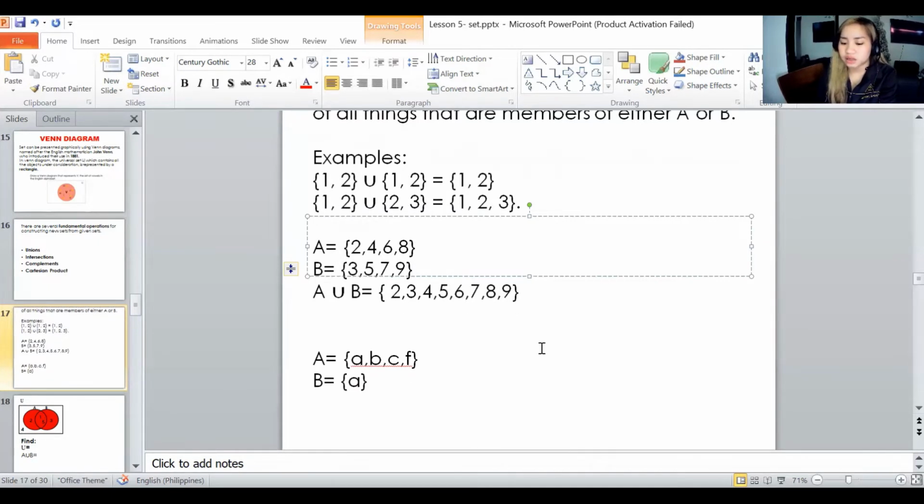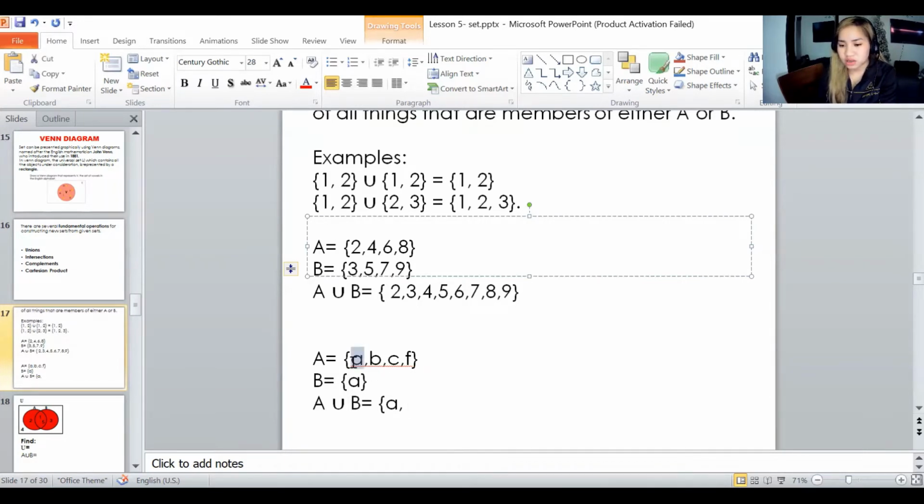So, hanapin natin yung A union B. Pag pinagsama po sila, since dalawa po dito, as you can see, dalawa dito, pero as one lang siyang inilalagay kasi sabi natin kanina sa rules natin or points to remember na kahit ilang beses inulit yung elements inside set, isang beses lang siyang sinusulat sa final answer.